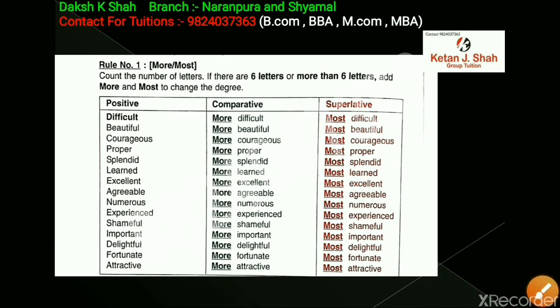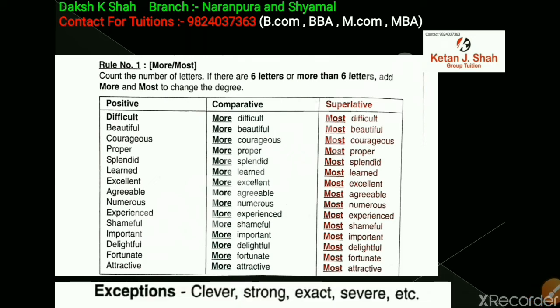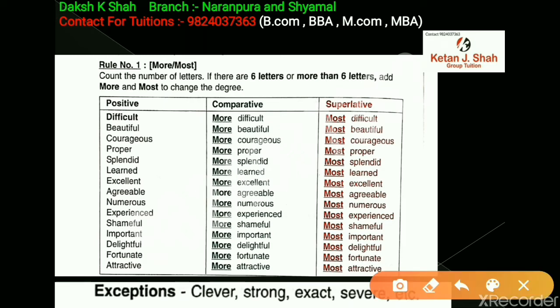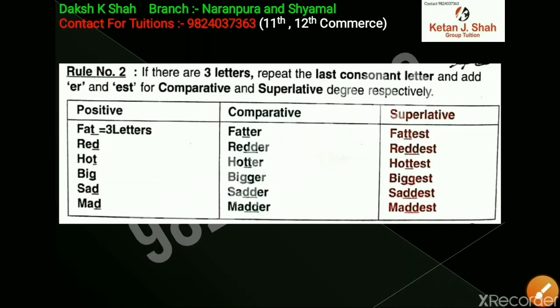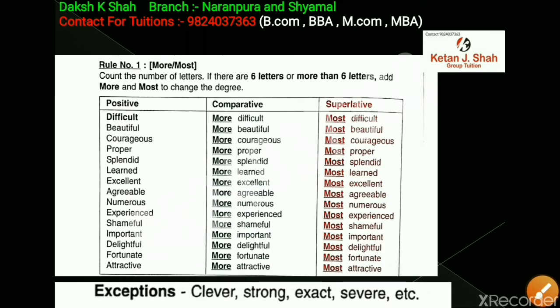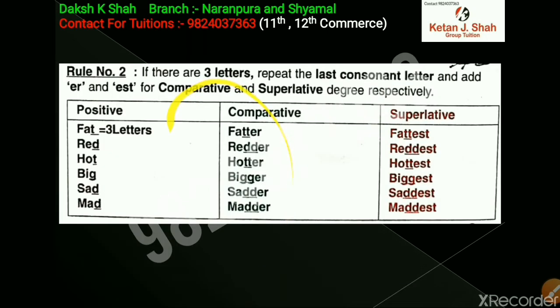You can pause the video, take a screenshot, and then write it down in your notebook. Exceptions in this are clever, strong, exact, severe, etc. These are exceptions, and so in these exceptions, you will not add more and most before them.